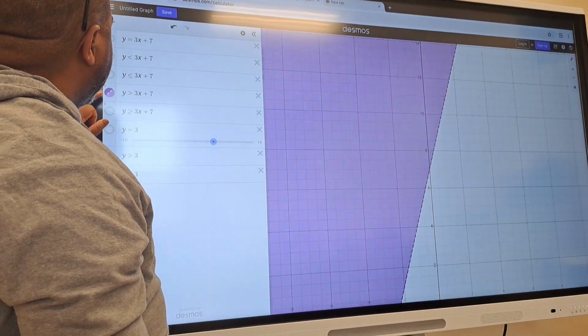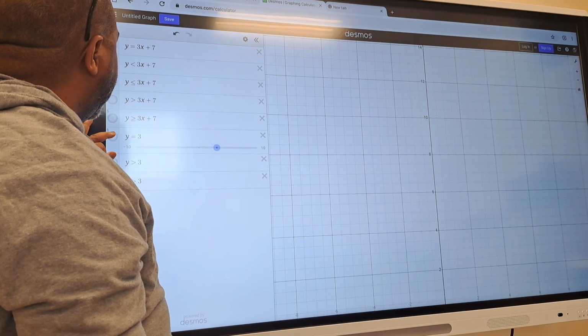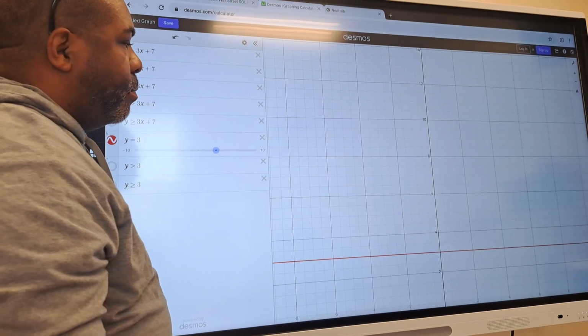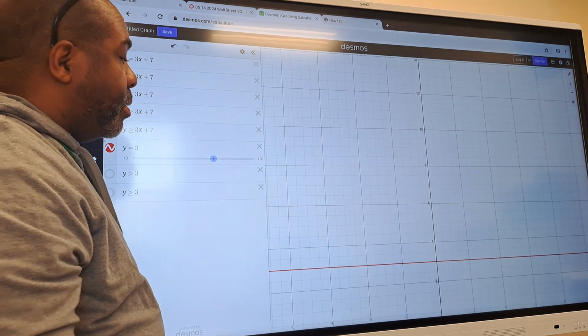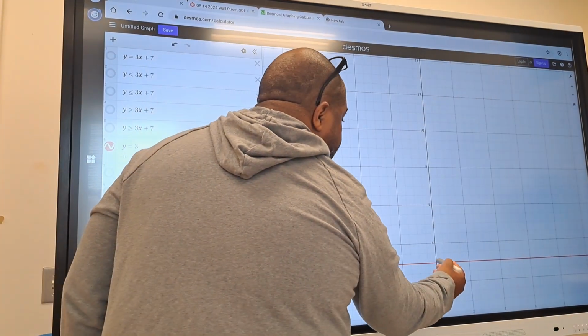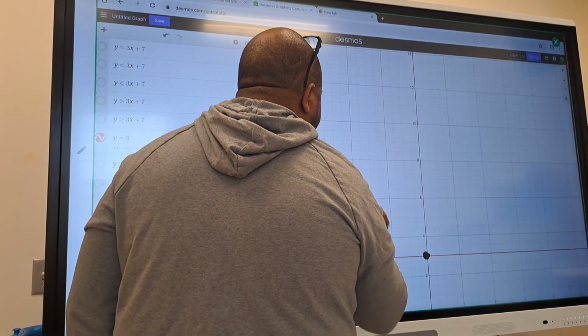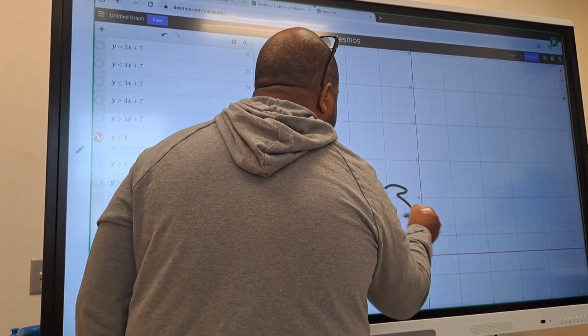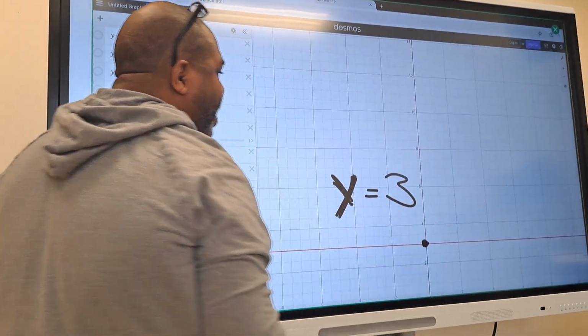All right, so let's talk about what happens when it's just a zero slope. So here it is. This is y equals 3, right? I'm on the y-axis, and I just look at 3, and there's a line that goes back and forth.